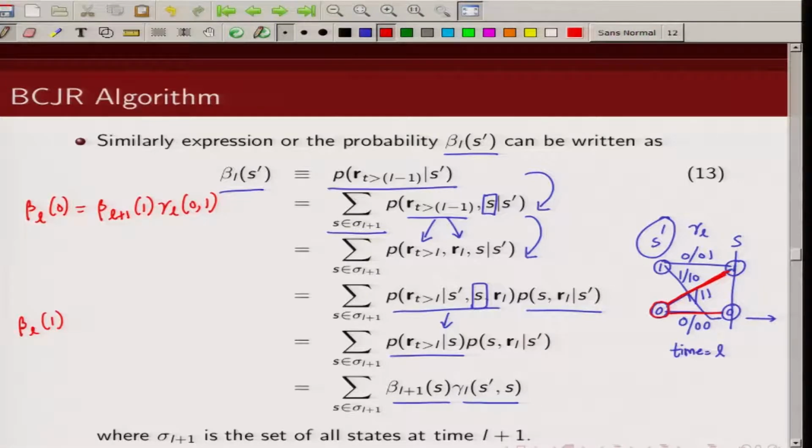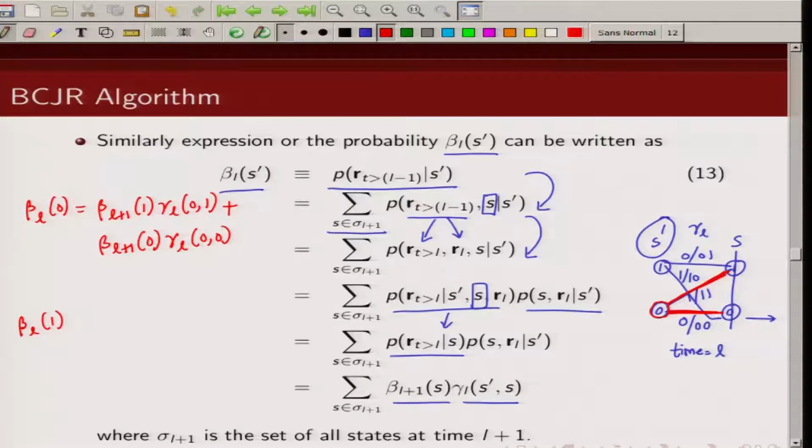Plus this other transition, whose contribution is beta L plus 1 at 0 times gamma L 0 0. So, this is our expression of beta L for state 0.